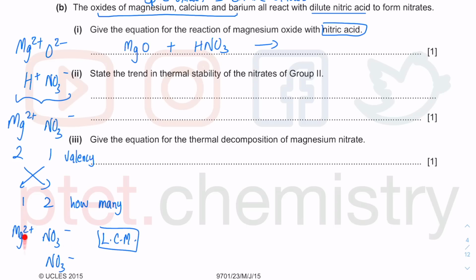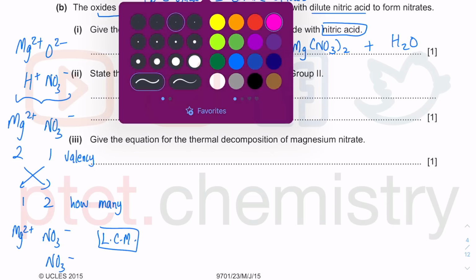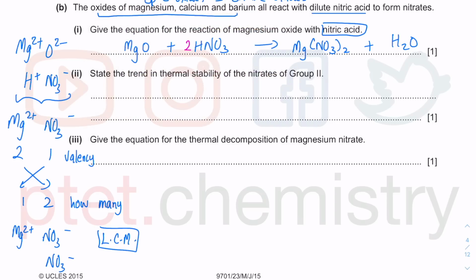The formula of magnesium nitrate has 1 Mg2+ and 2 NO3-, and I will produce water, a neutralization reaction between a basic oxide and an acid. The 2 nitrate ions can only come from 2 nitric acid units, and the 2 hydrogen combine with 1 oxygen to give 1 water. Every equation written in this Cambridge exam has to be balanced.